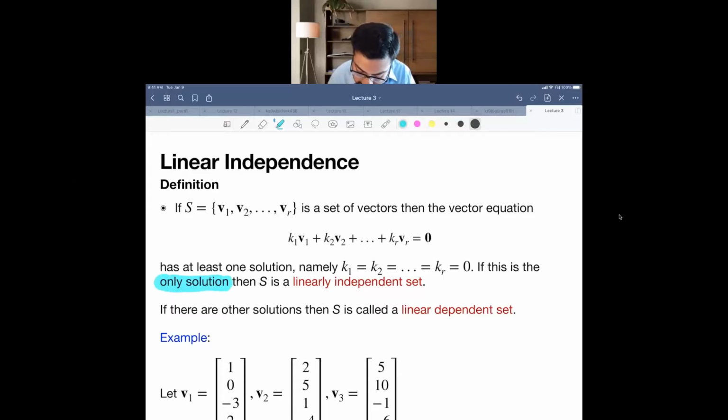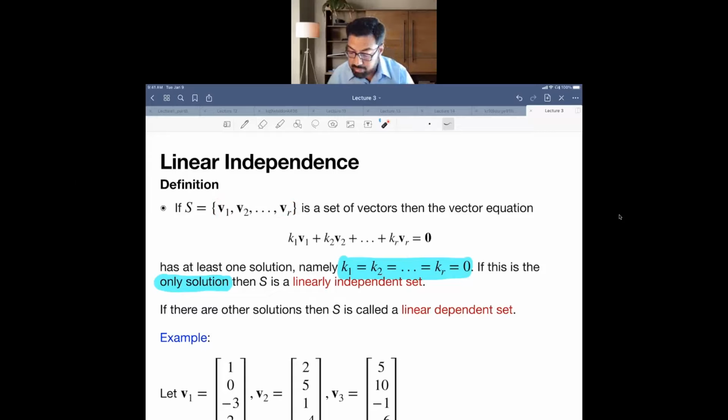It essentially means no non-trivial solutions to this vector equation. So the only way you get a zero vector is if all the k's are 0. If that is the case, then we call this particular set of vectors a linearly independent set of vectors.